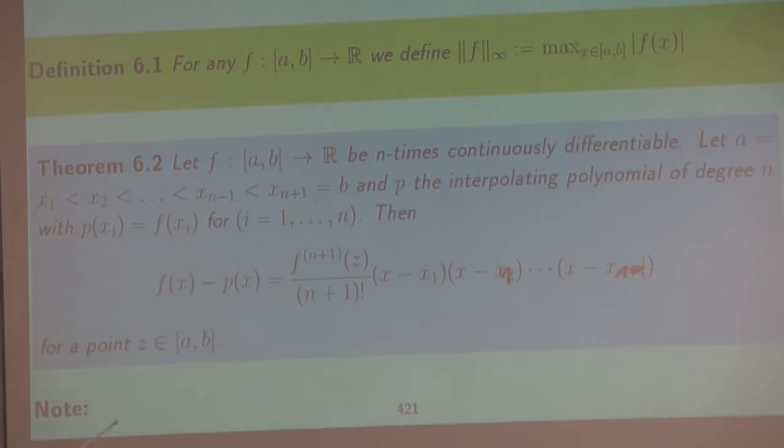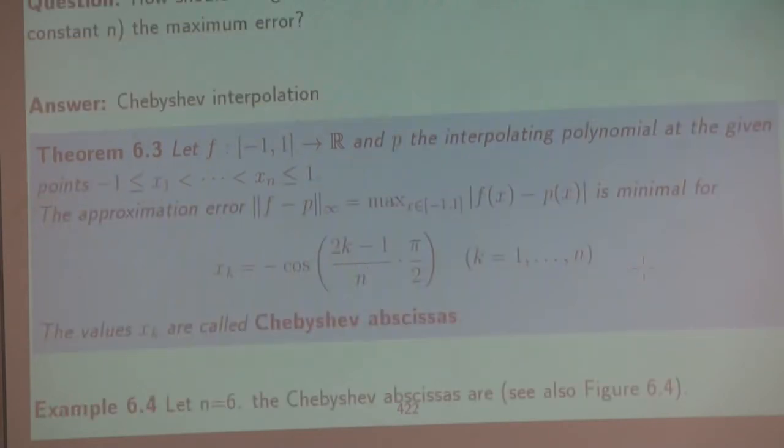Here we have n zeroth order Taylor requirements. We have to hit this point, and this point, and this point, and this point. And that's why we get this product of x minus x1, x minus x2, and so on. It's really nice to compare this with the Taylor expansion.